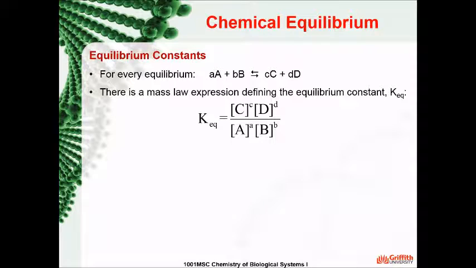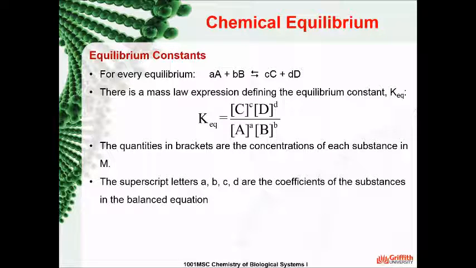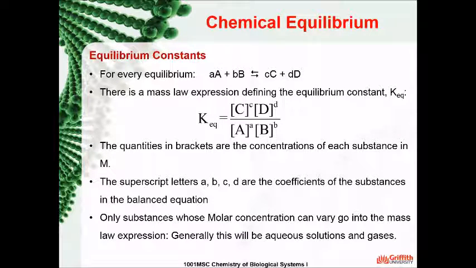The molar concentration of products to the power of the stoichiometric coefficients divided by the molar concentration of the reactants to the power of the stoichiometric coefficients. Only substances that have molar concentrations are considered in this expression. We exclude solids and solvents from the equilibrium constant expression and generally only include aqueous solutions and gases.